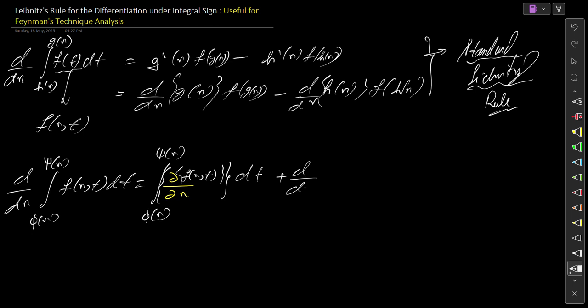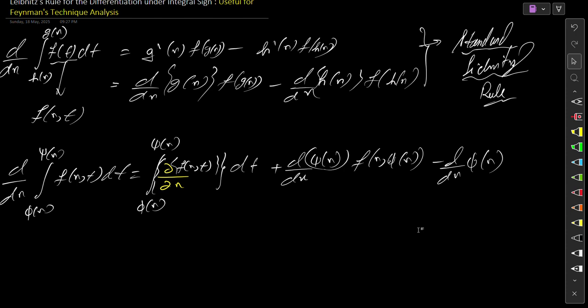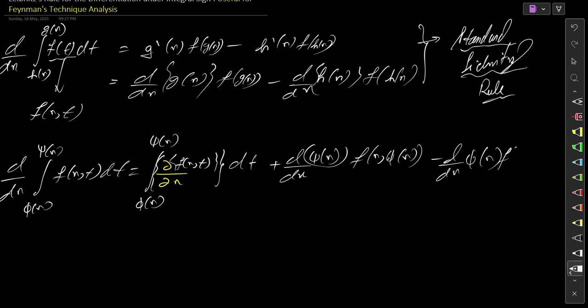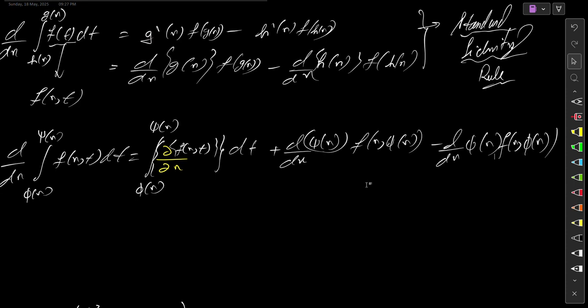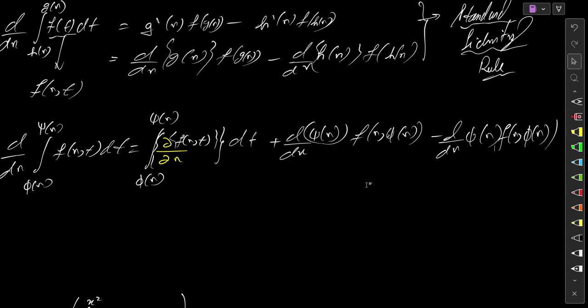After that we do the same thing as before, that is, d over dx of psi of x multiplied by f of x comma psi of x, where we replace t by psi of x, minus d over dx of phi of x multiplied by f of x comma phi of x. So this is the way I could evaluate it.